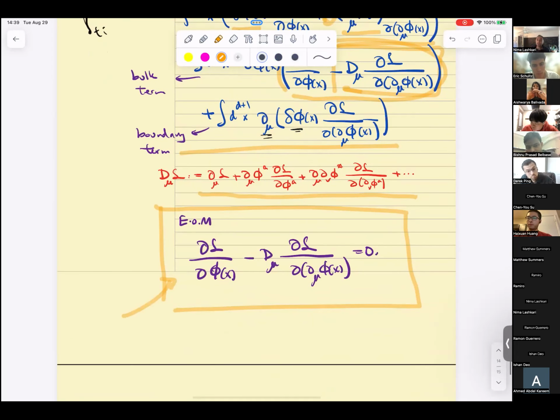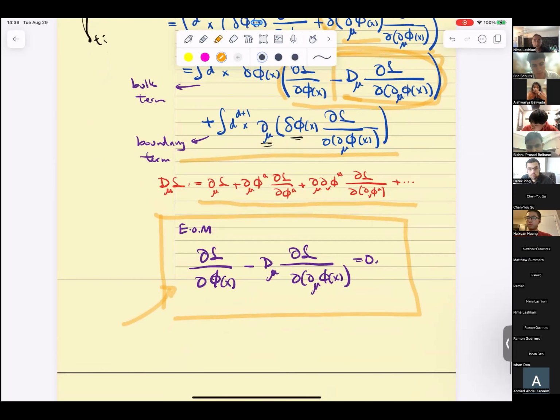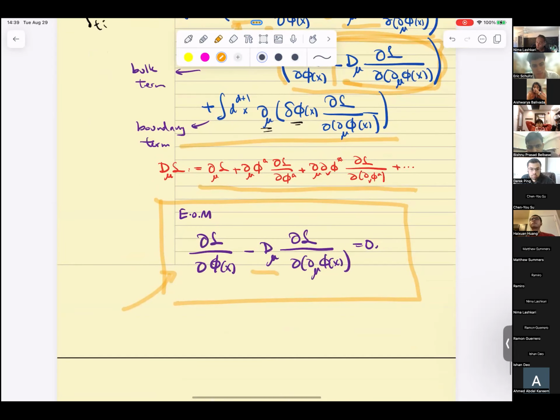That is your Euler-Lagrange equations for any local field theory in any space-time dimension. This is a super compact notation because this capital D is this funky total derivative of the functional, right?